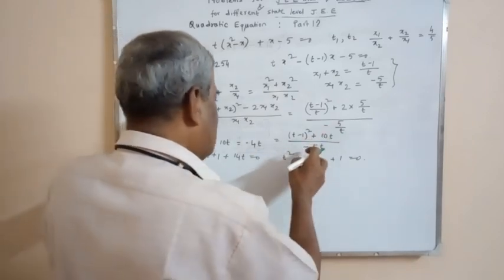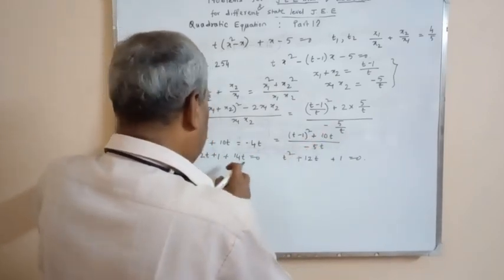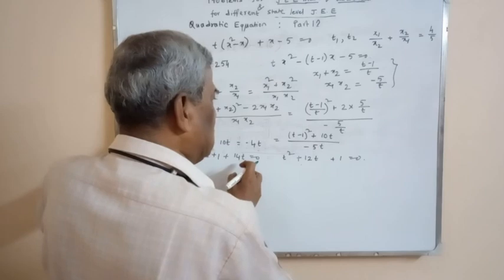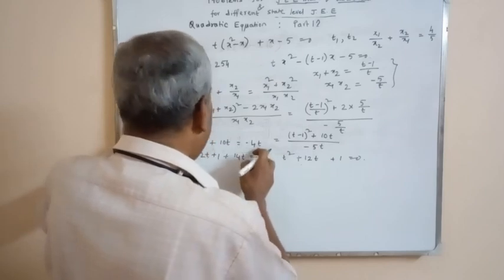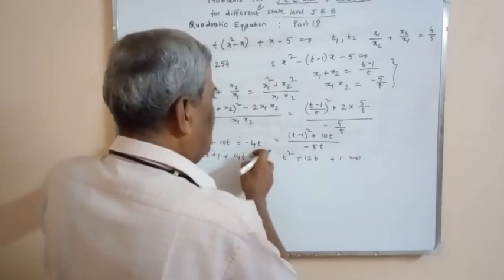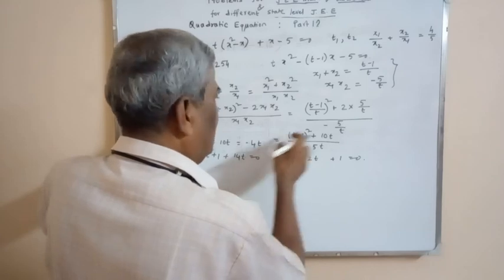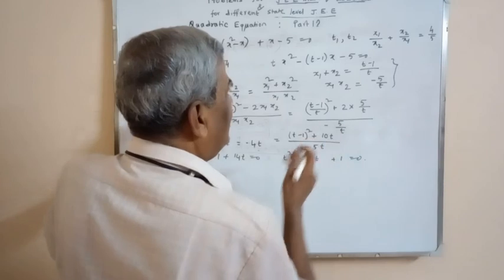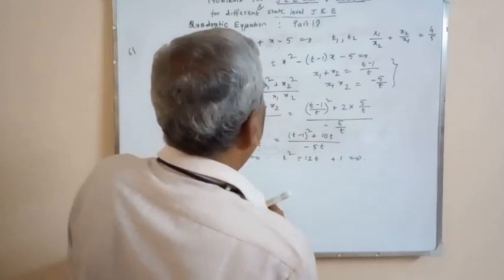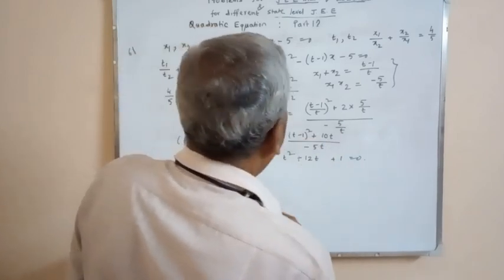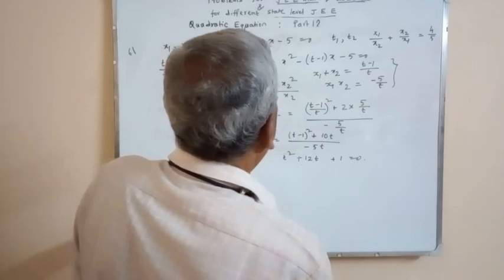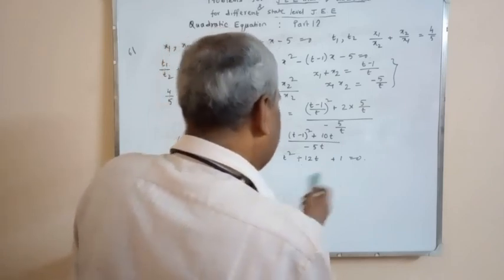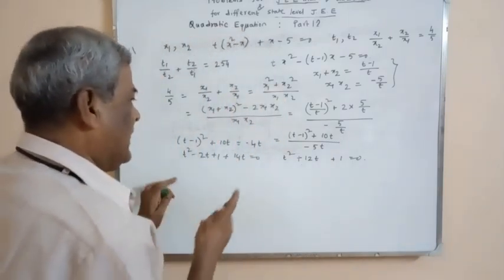Now 5 cancels, so that 4 into t. But anyway, let us see what happened.